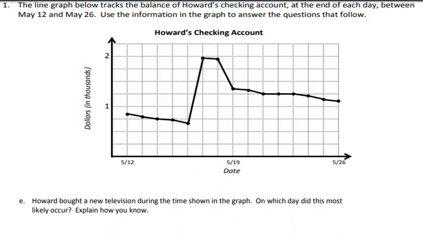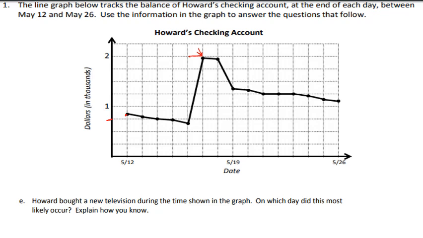Howard bought a new television during the time shown on the graph. On which day did this most likely occur? Well, as we can see here, starting on the 12th, it went down slightly, okay? And we can tell this here would be $750. It's $1,000. So he's just spending a little bit of money here. Then we already said that this time period is when he got paid.